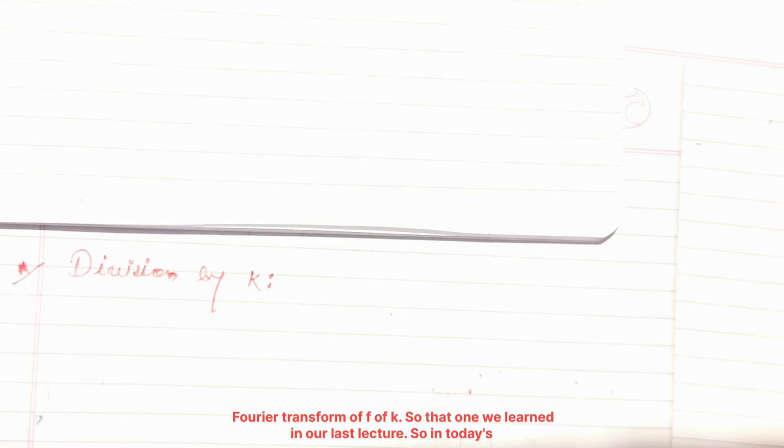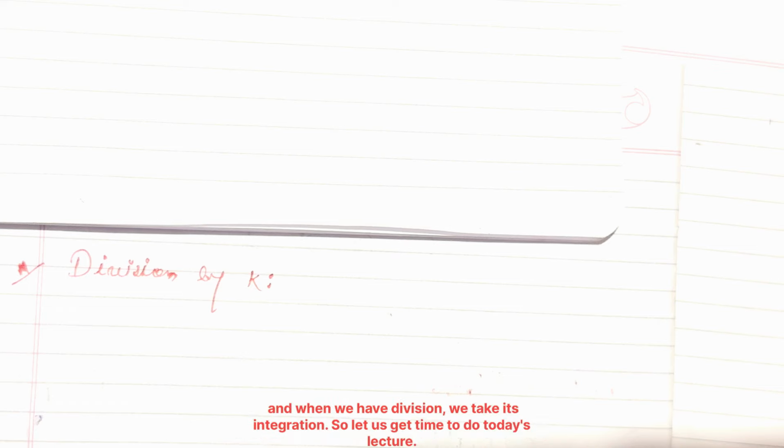Today I'll explain the Z transform when that sequence is divided by k. When we have multiplication, we use differentiation, and when we have division, we take integration. So let's dive into today's lecture.